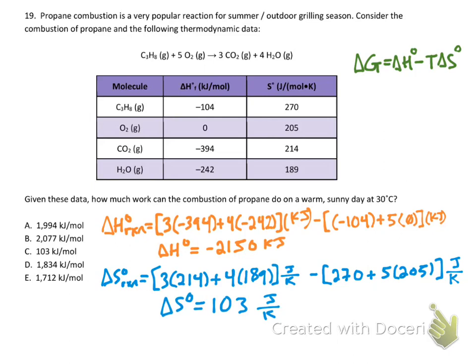Now we have everything we need to solve for delta G. So we'll plug into our equation. Delta G is equal to our standard enthalpy change, minus T, our temperature in Kelvin. So we have to take our 30 degrees Celsius and add to it 273, which ends up being 303 K. Cool.